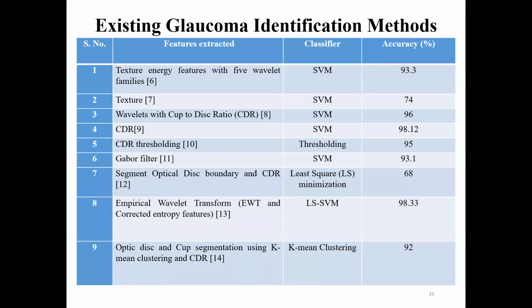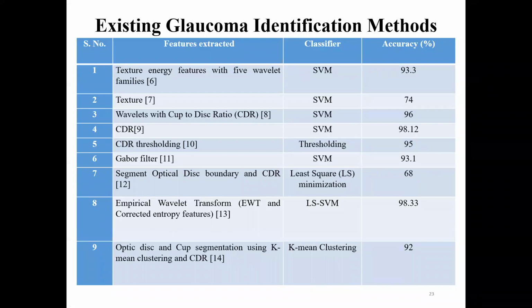CDR alone, the third one is wavelets with CDR, the fourth one is cup to disk ratio feature alone. And when we use SVM, the accuracy obtained is 98.12.